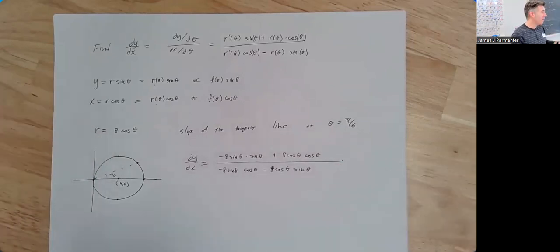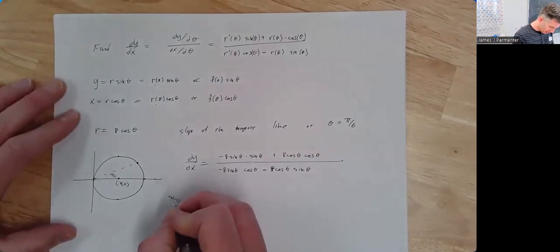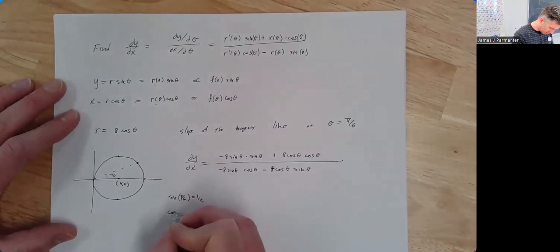And then you have to plug in pi over 6. So I'll remind everybody, sine of pi over 6 is 1/2. Cosine of pi over 6 is root 3 over 2.